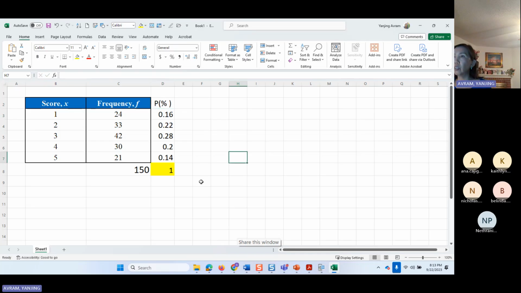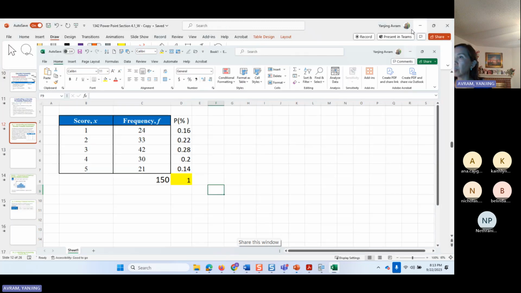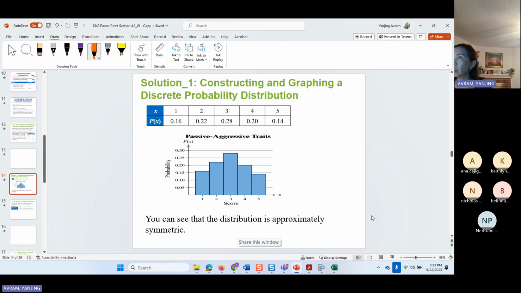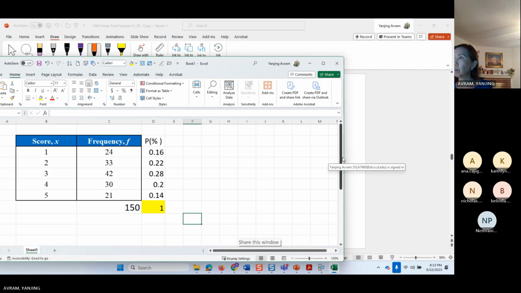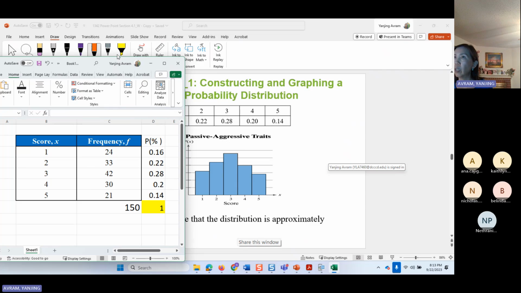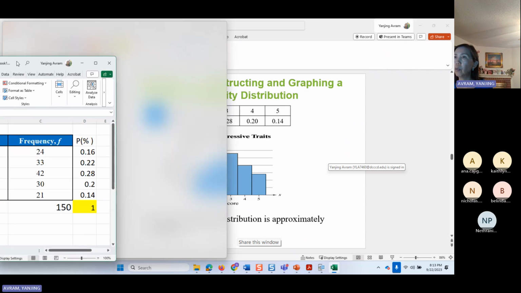Okay, so that is this one right here. So that's why when you have a score 1, that's 0.16, right?